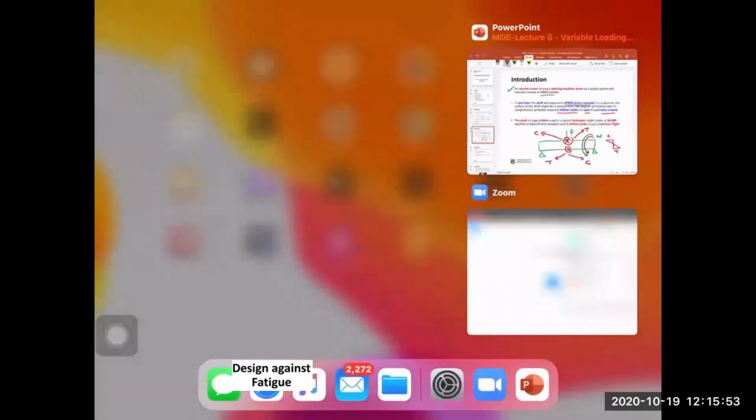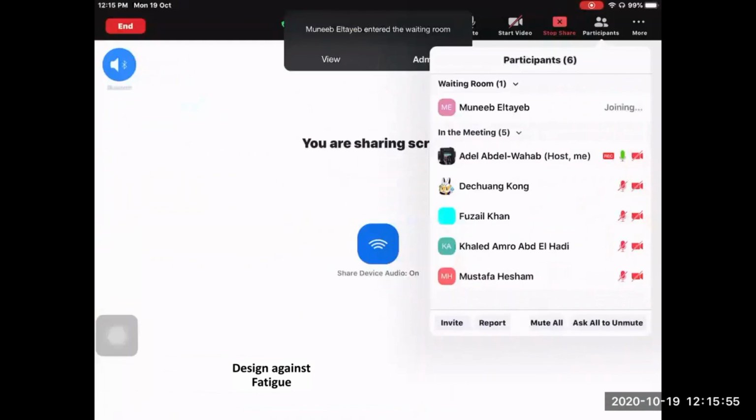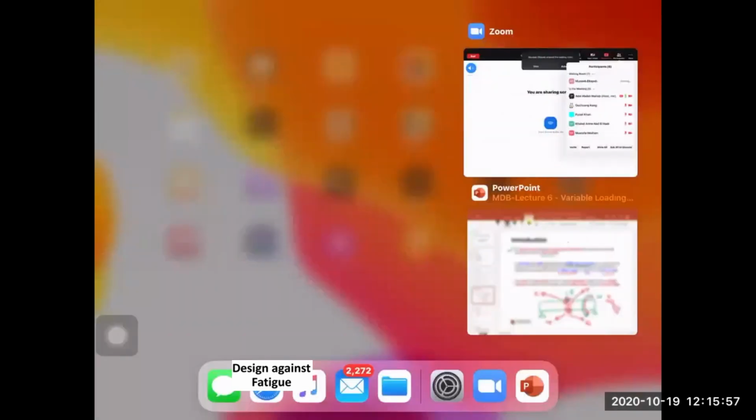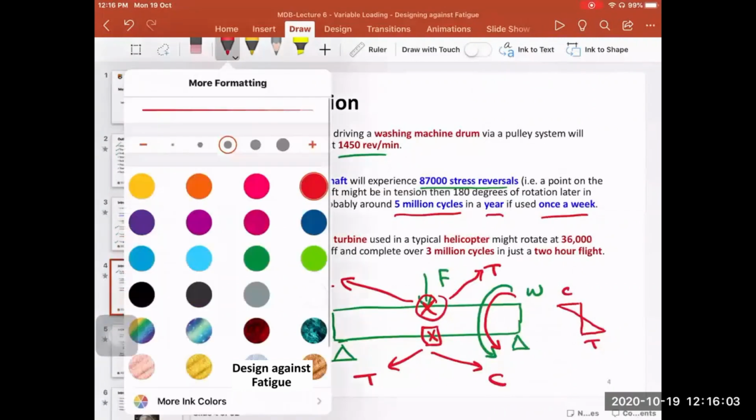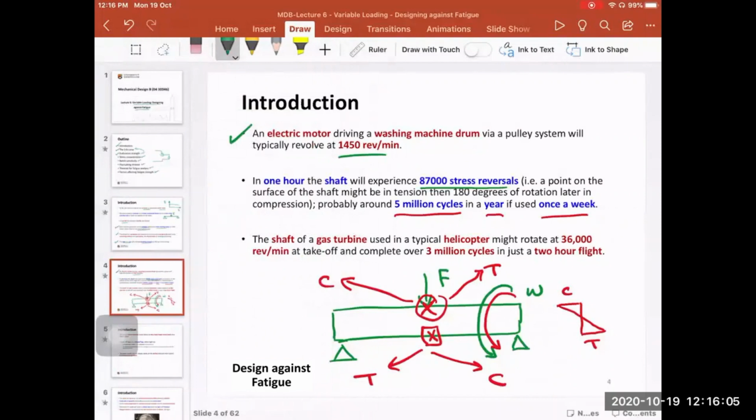Let me give another example here, for the shaft of a gas turbine of a helicopter. It rotates at 36,000 RPM.